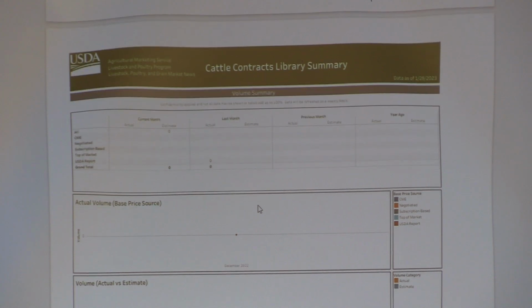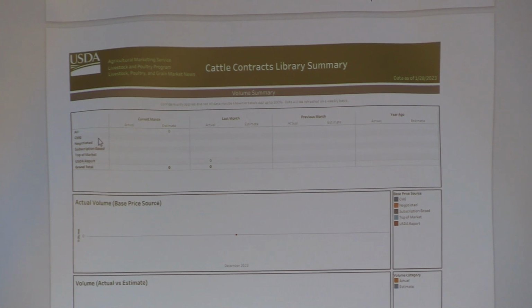Our last screen in the library pilot today will ultimately house the volume information. As you see right now, it's just a placeholder. It's the same categories you saw on the landing page. We plan to expand those out and highlight the volumes that are running through those contract methods.